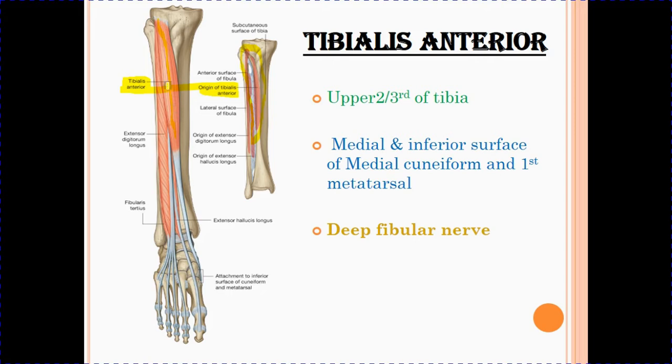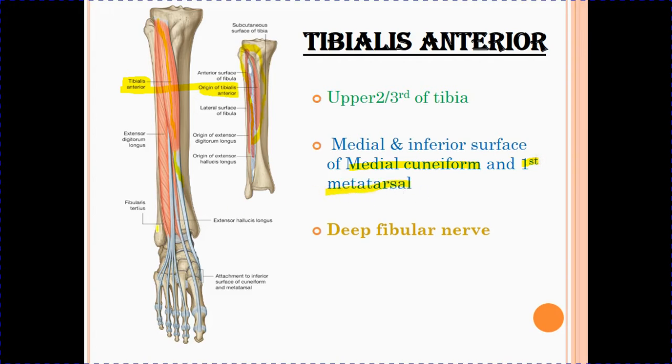The fleshy part of the tibialis anterior muscle is converted into a tendon. This long tendon runs downward towards the foot and it is inserted into the medial and the inferior surface of the medial cuneiform bone and the first metatarsal bone.